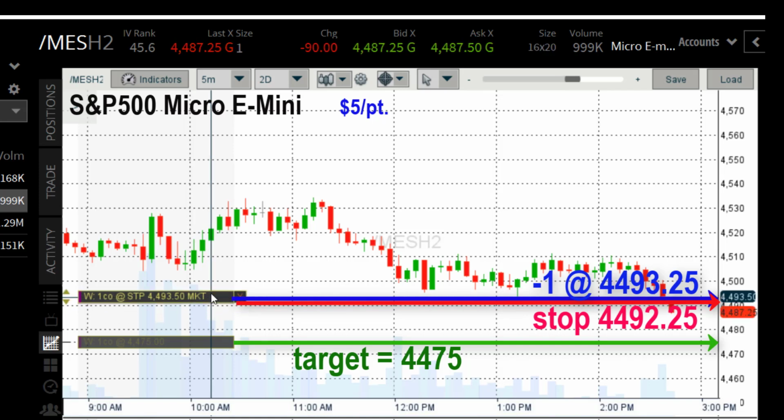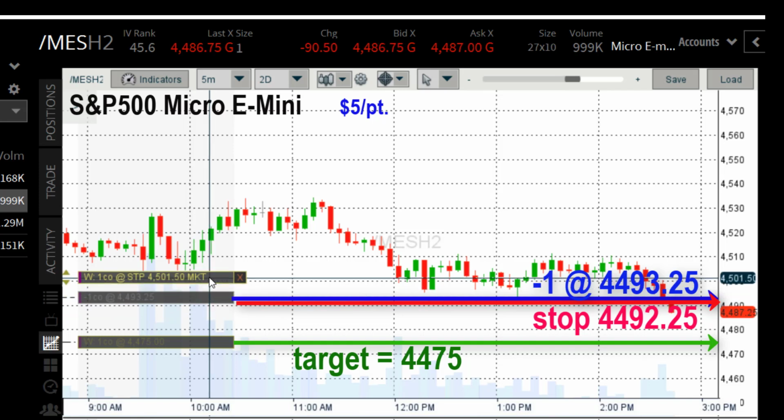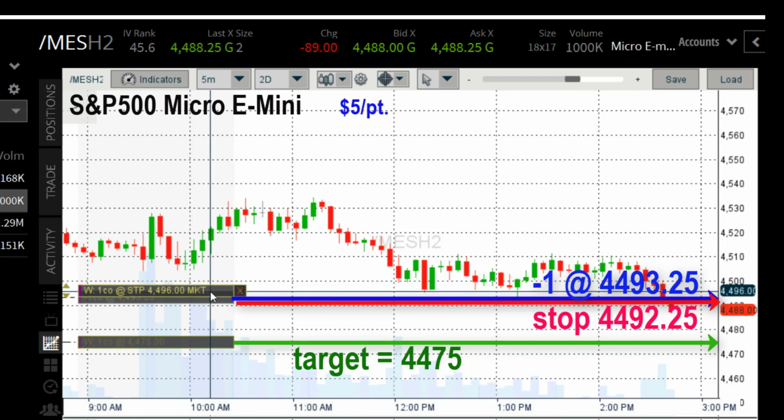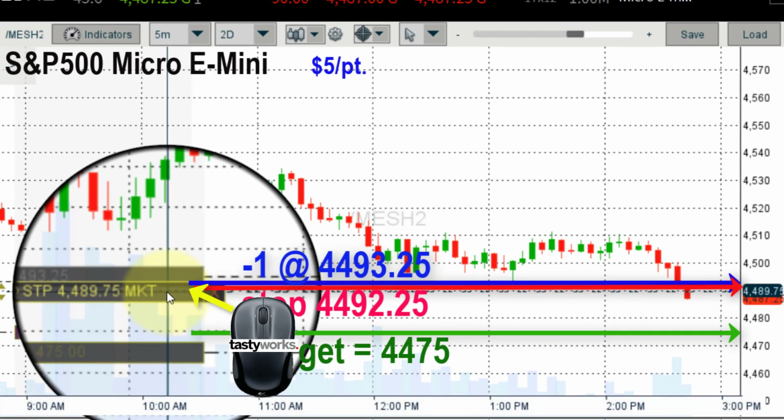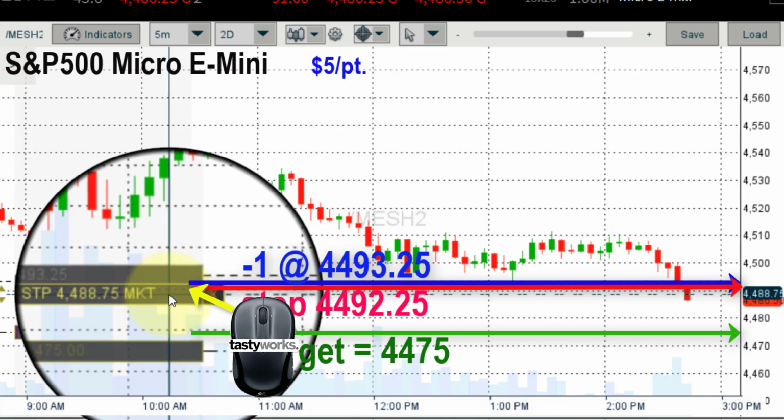Now I'm taking my Tastyworks mouse here, doing a left click, looking for a chance to pull my stop down even more. The market's trading 44.88, you see, at the current time. And I have my finger down on the left mouse button, and it won't change that stop market price until I let go of that button, which I haven't done yet, because I often hold the button down while I'm thinking about what I'm going to do next in a trade.